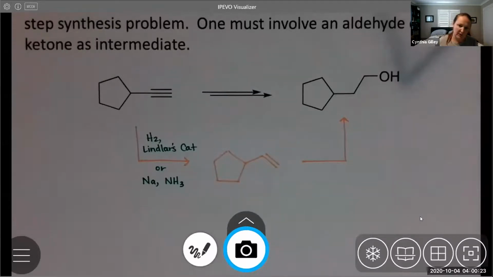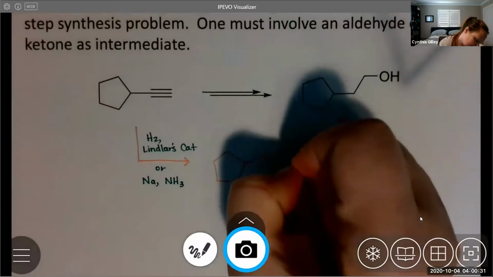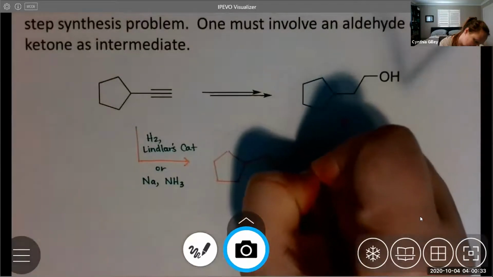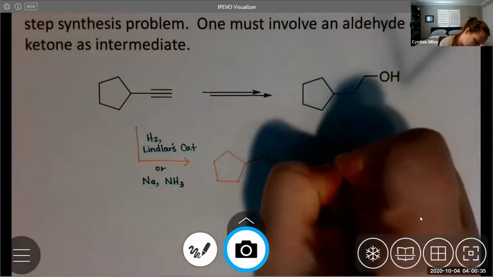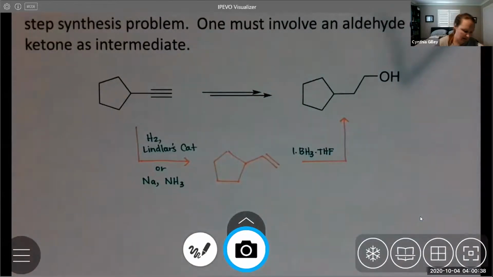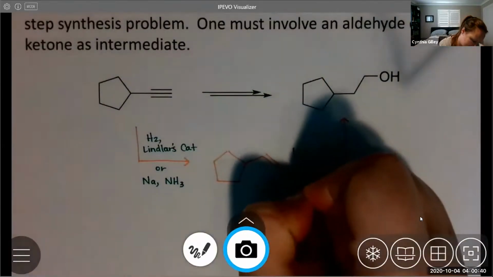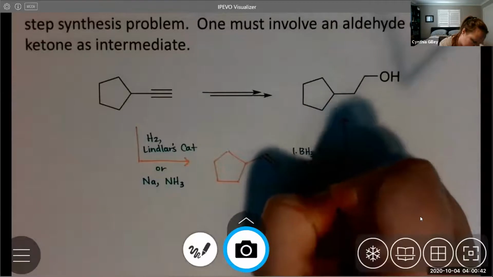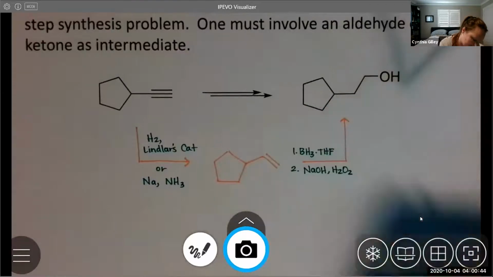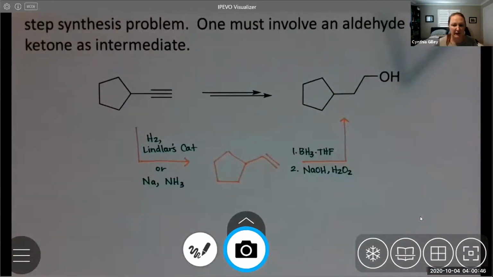So you need to remember the reaction conditions to do an anti-Markovnikov hydration, and those are hydroboration oxidation. So in that reaction, because we're starting with an alkene, we'll just use BH3 instead of the bulky borane. And second step is sodium hydroxide and hydrogen peroxide. And again, that does anti-Markovnikov hydration of an alkene.